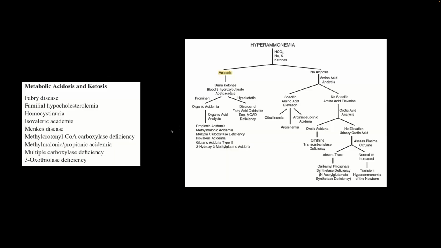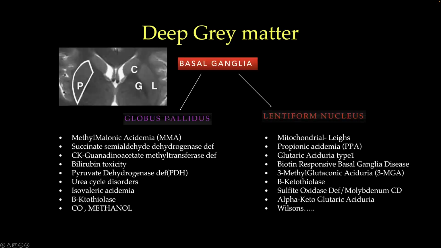So again, coming back to this flowchart, thinking of organic acidurias, these are the possible disorders, and disorders of fatty oxidation. On imaging, if we have symmetrical changes of the globus pallidi, these are the disorders one needs to consider. They are predominantly organic acidurias, but also respiratory chain disorders such as pyruvate dehydrogenase deficiency.